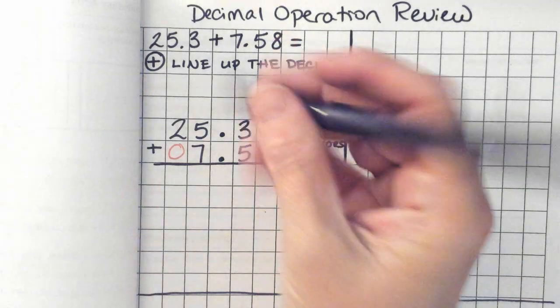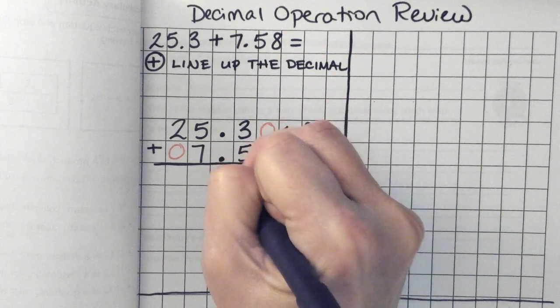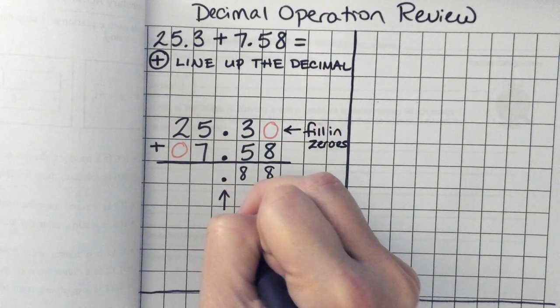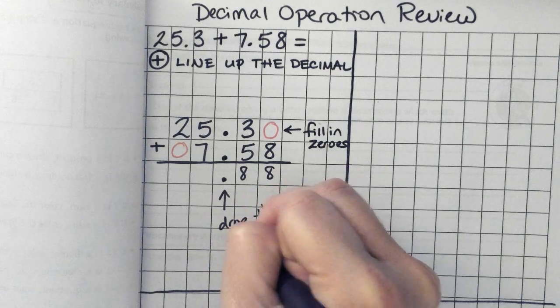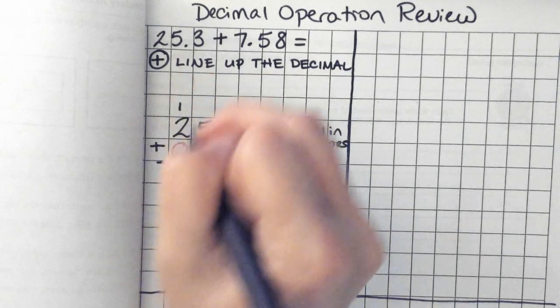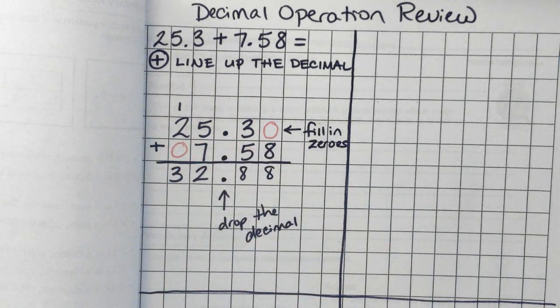Okay, and then I just add. You drop down the decimal. And that's it. Okay, so adding decimals, line up the decimal, fill in zeros, drop the decimal down.